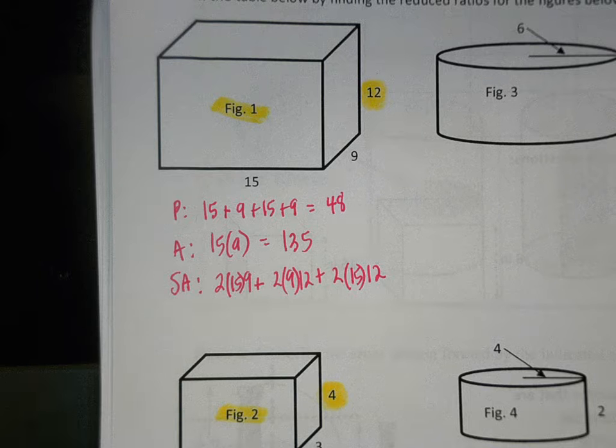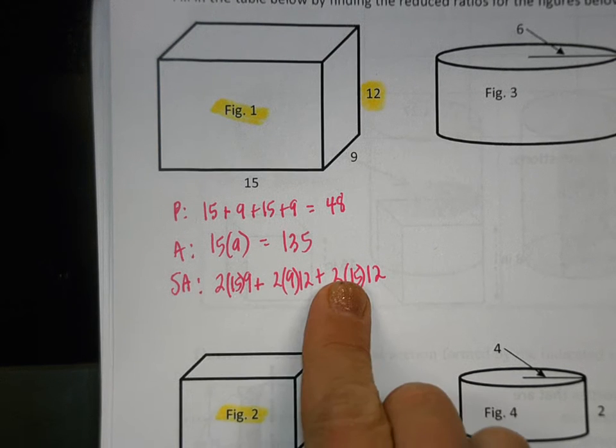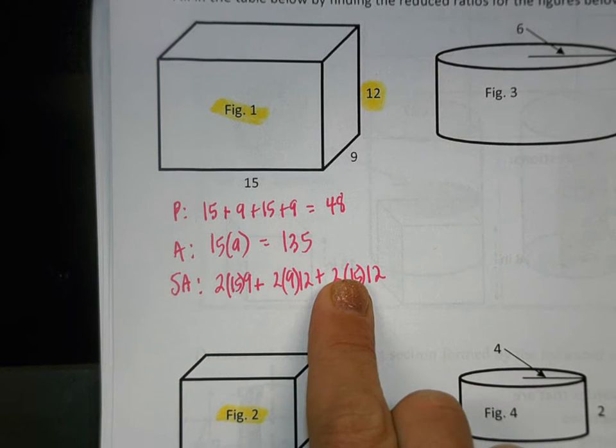So instead of doing 15 times 9 plus 15 times 9, I know there's 2 that are exactly the same. 2 times 15 times 9 takes care of these. Okay? And then I did 2 times 9 times 12 to take care of these sides. And then I did 2 times 15 times 12 to take care of these sides. So in a rectangular prism, there are 6 sides. So 2, 2, and 2 took care of all my sides and the area of each of the sides.